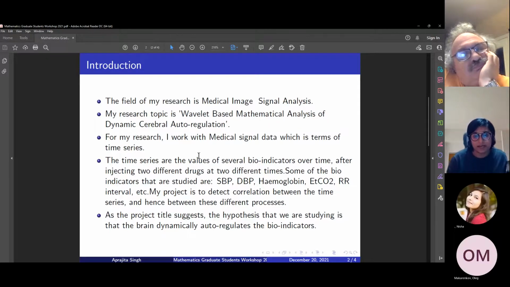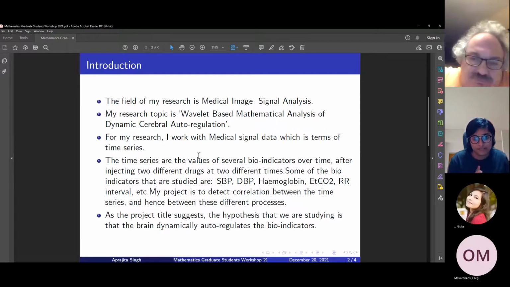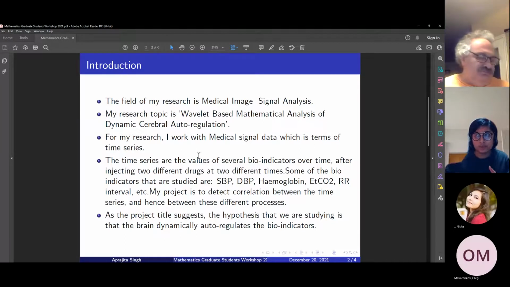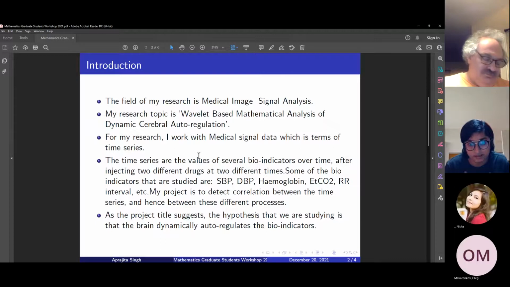For example, if we have a time series of SBP, the systolic blood pressure, how is there a correlation or coherence between that and diastolic blood pressure, or between SBP and hemoglobin, for example? So that can be studied between any two time series. As the project title suggests, the hypothesis that we are studying is basically that the brain dynamically auto-regulates the bioindicators. That is the hypothesis.